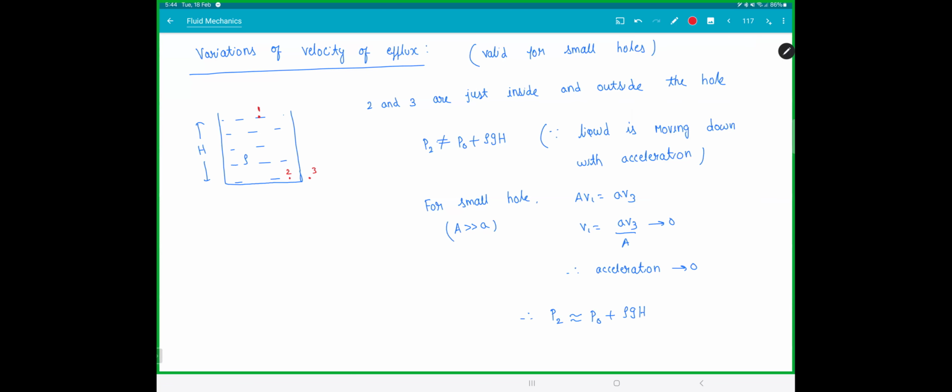So our formula becomes like this. So the pressure difference P2 minus P3 is delta P. This is the pressure difference across the hole.